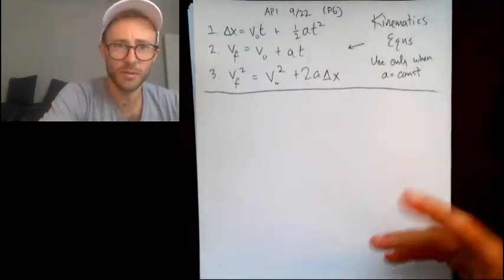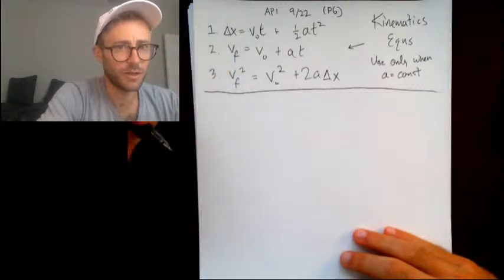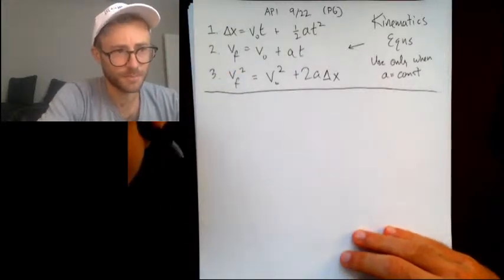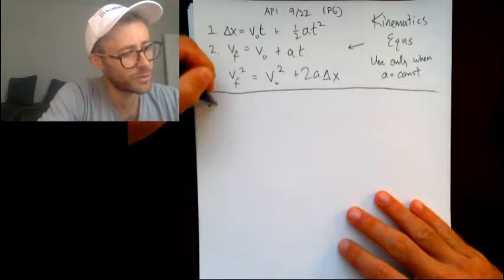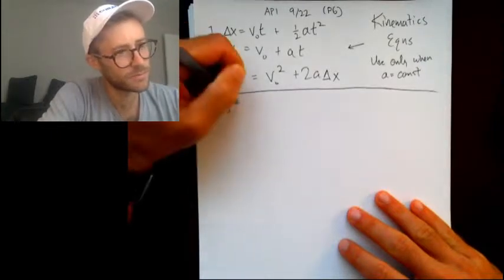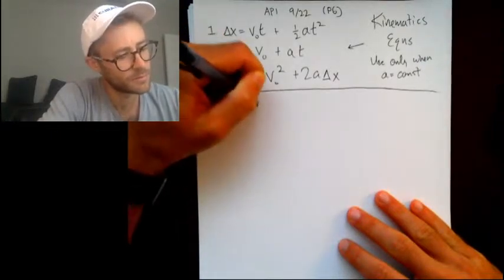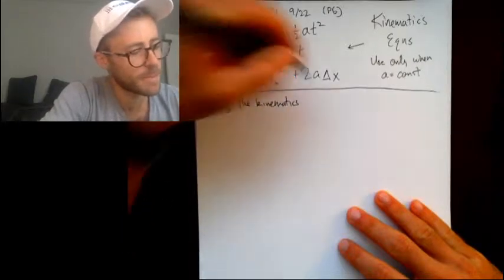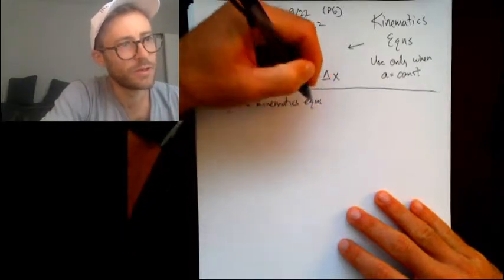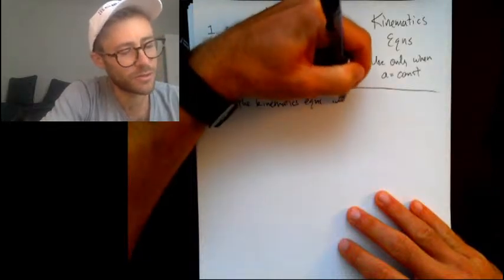So what are we going to be talking about today? Today is basically an extension of that last lesson, but we're going to focus on using the kinematics equations when gravity causes the acceleration.